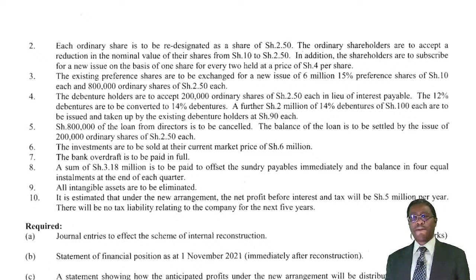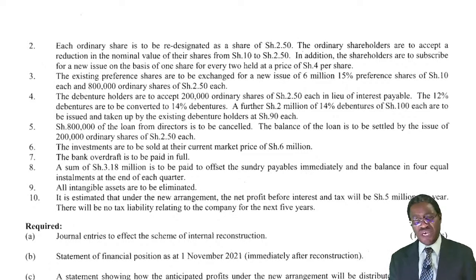Number 4 says, debenture holders are to accept shillings 200,000 of ordinary shares of shillings 2.5 in lieu of the interest payable.